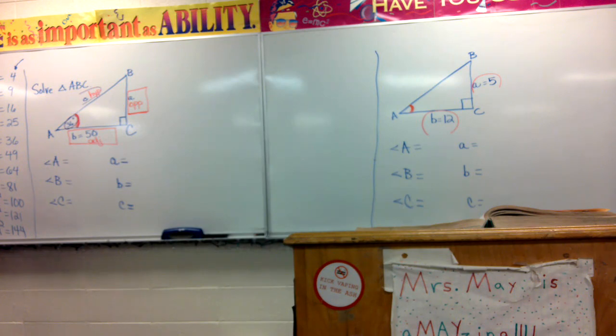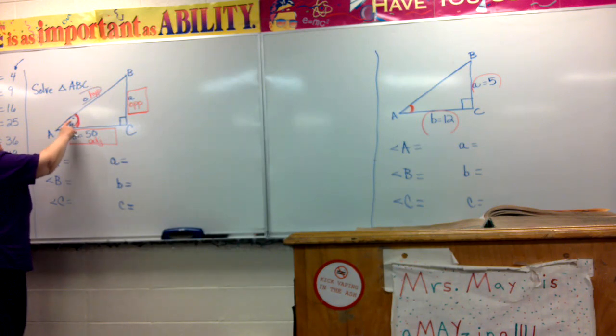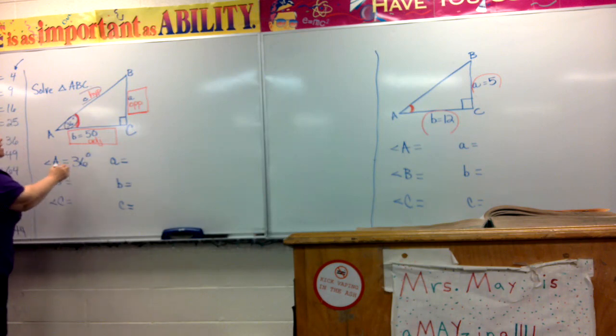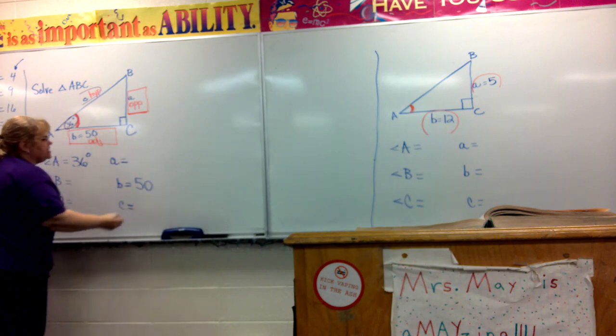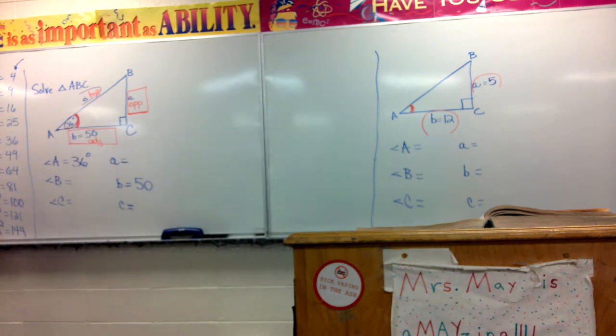So in this particular problem, they tell us angle A is 36, so I can write that one down. And they tell us side B is 50. We have to find everything else.